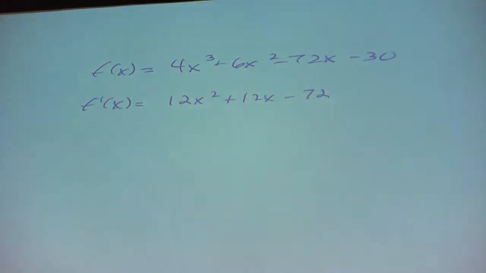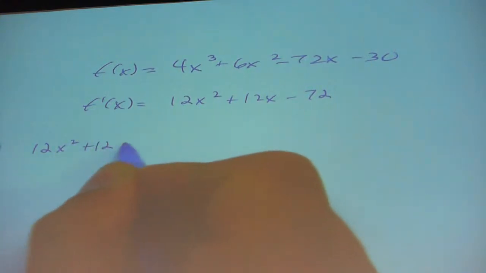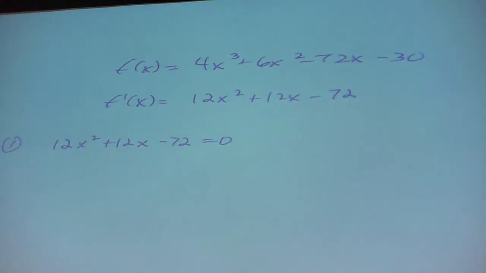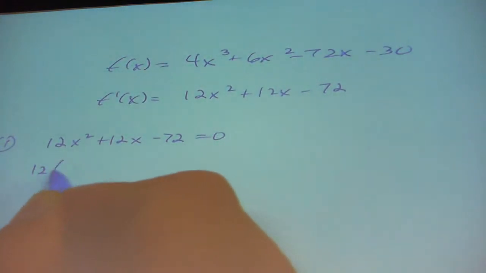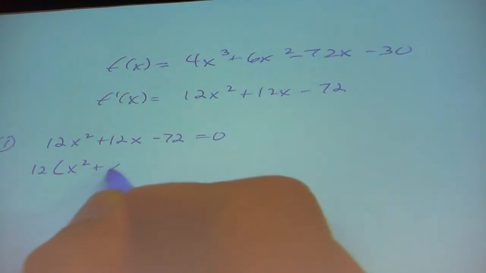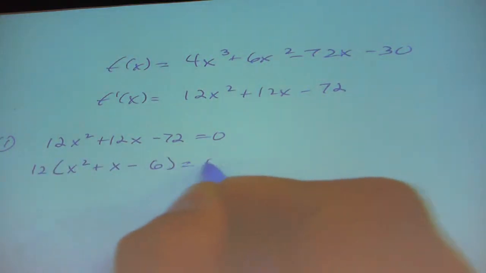The three things we want to get in the habit of checking is, one, we take the first derivative equal to 0 and then solve. Well, you got to know your factoring. We can factor out a 12, which gives us x squared plus x minus 6.